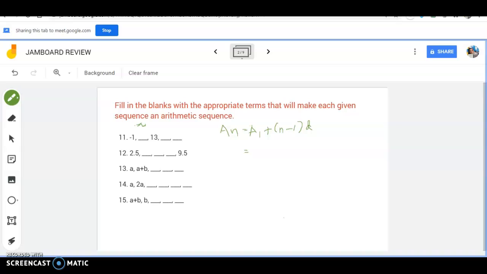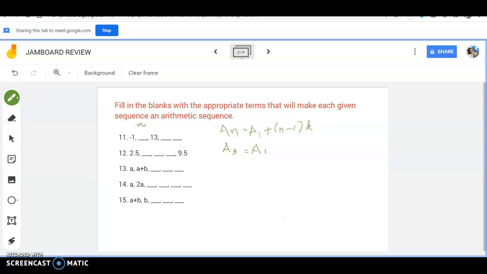So, in this sequence over here, we have the first term and the last term. We consider 13 the last term because it is at the end of our missing term. So, our a sub n here is the last term which is the third term. So, the value of our n here is 3.